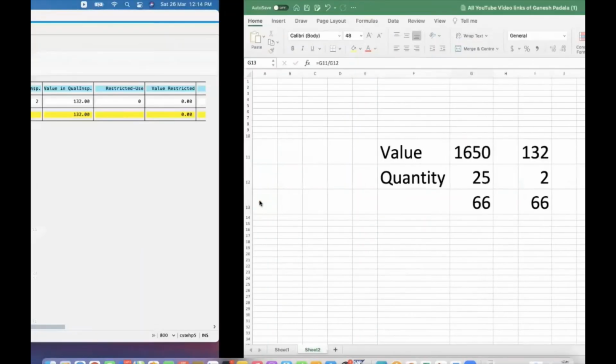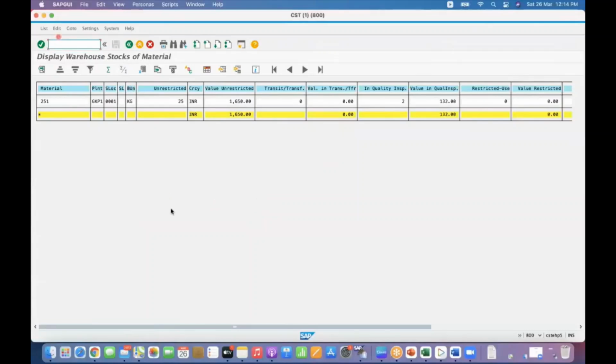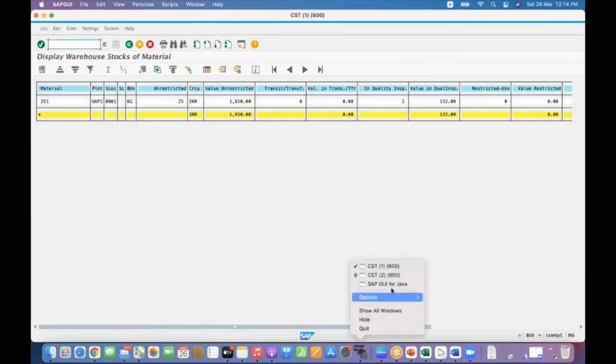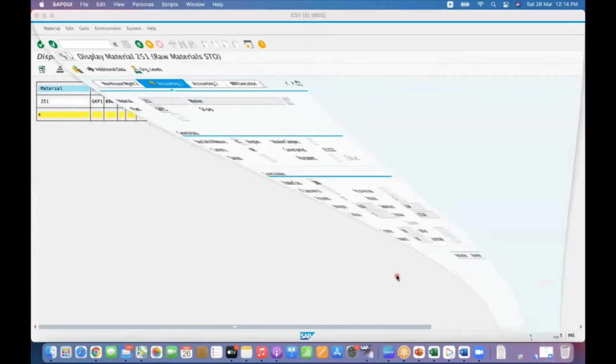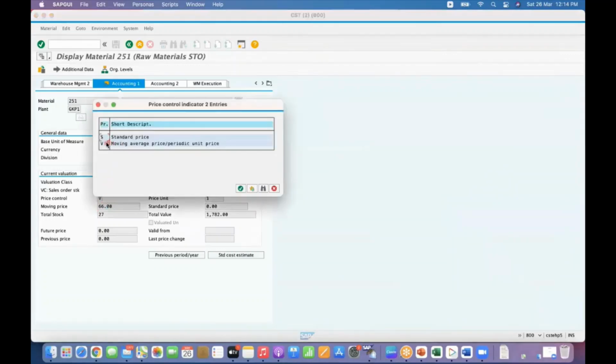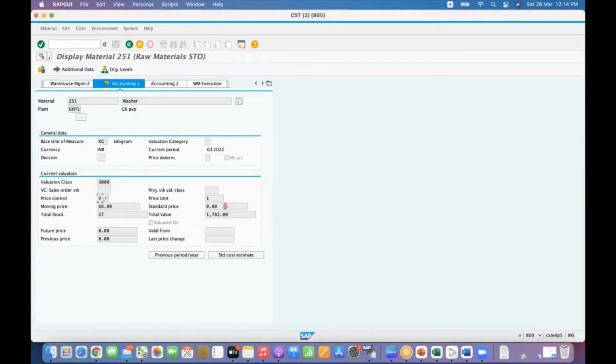So what the price we can see here when you're checking this material master. Okay, see here moving average price. If the material is managed in standard price, for example, here the price control is V. If it is standard, system will get that value based on the standard price.